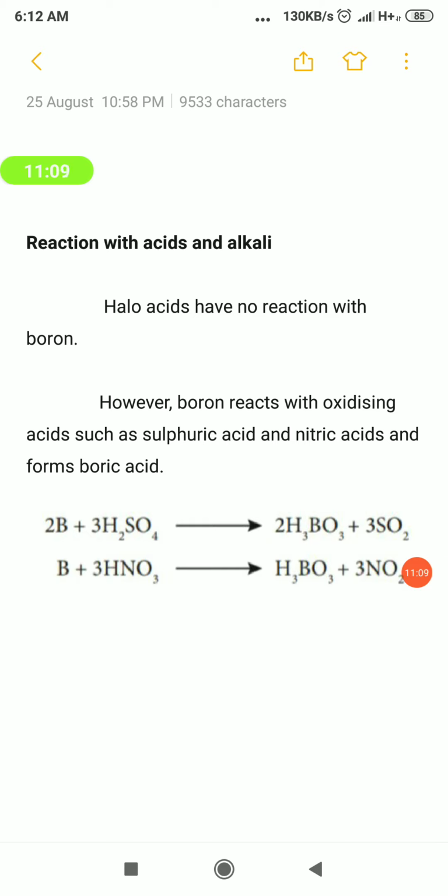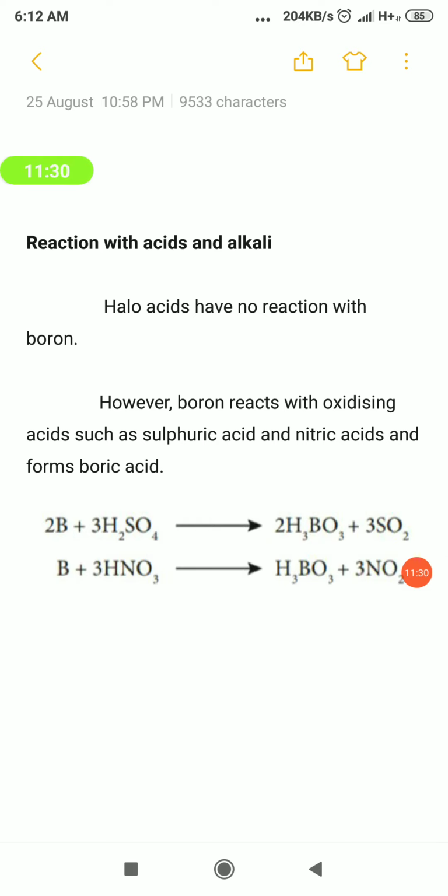What are called halo acids? HCl, HBr, HI. Hydrogen with halogens is called halo acids. Boron does not react with halo acids. It can react with H2SO4, HNO3 and the remaining acids.